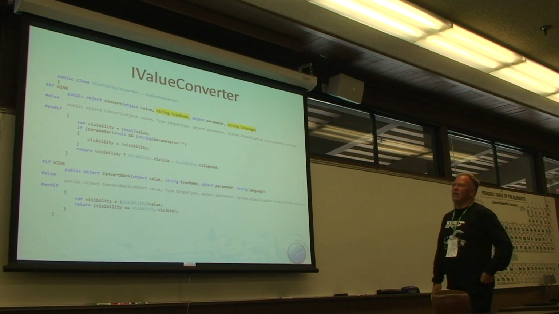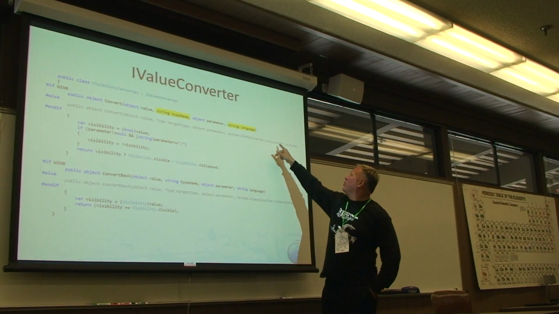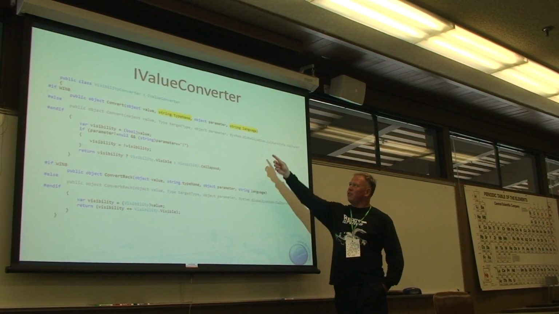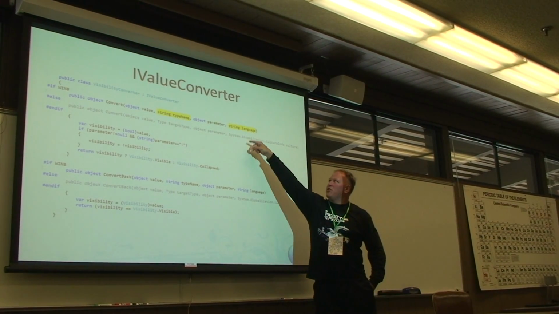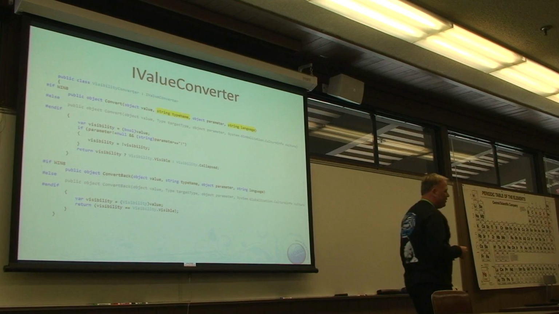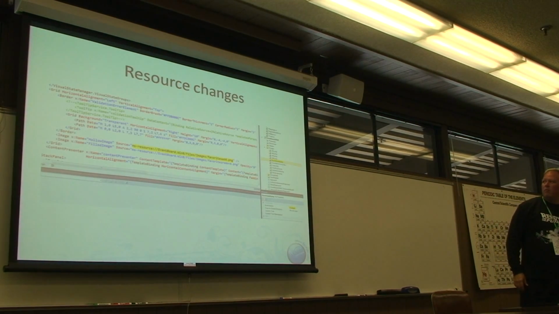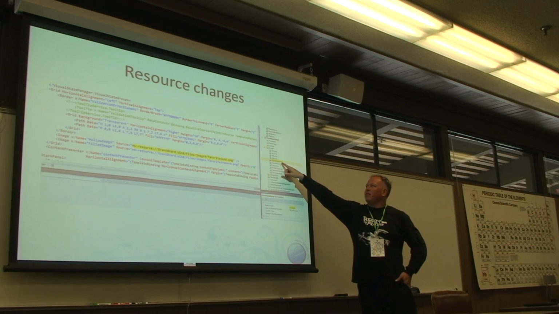This is kind of a trivial thing, the IValueConverter. Instead of a strongly typed target type and a strongly typed culture info, it's got two strings. Most converters don't touch those parameters. So I just use a conditional define to define them differently, and the code doesn't really change. There's a new format, so this is my favorites heart.